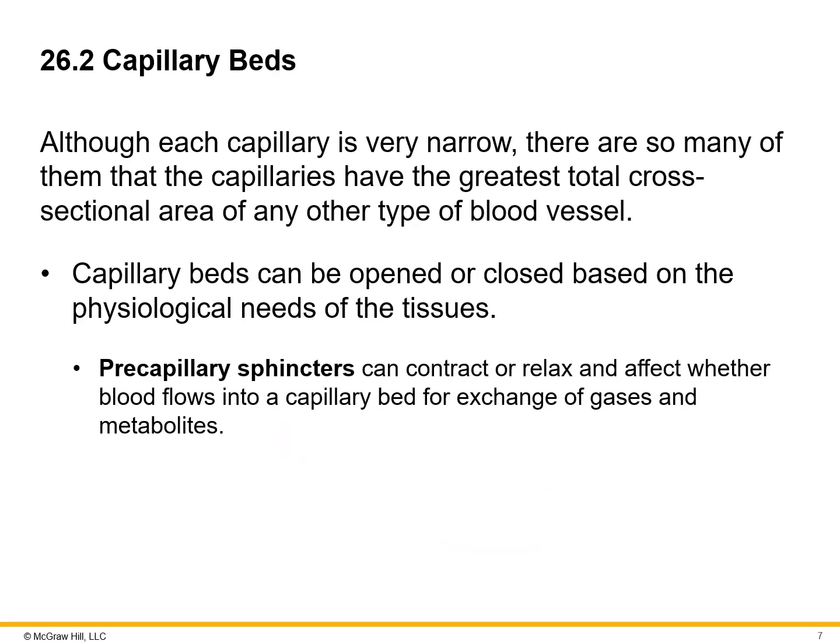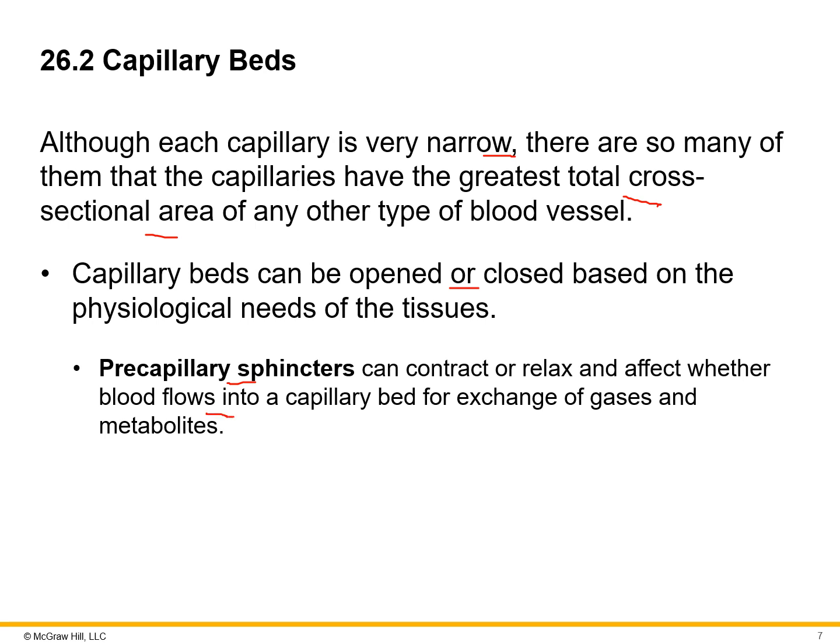So these capillary beds, again, the smallest part, are very narrow, and the reason for that is to give a lot of cross-sectional area that goes from one blood vessel type to the other. These capillary beds can be opened or closed based on the type of tissue. They also have precapillary sphincters that can contract or relax depending on what blood flow is needed.